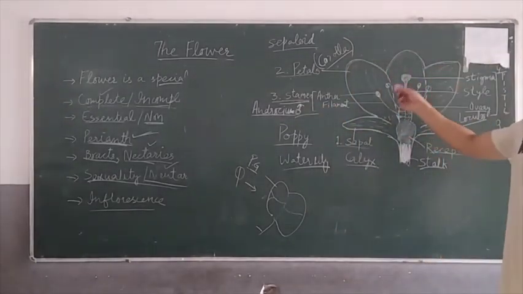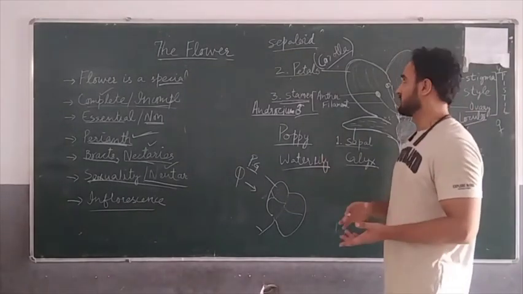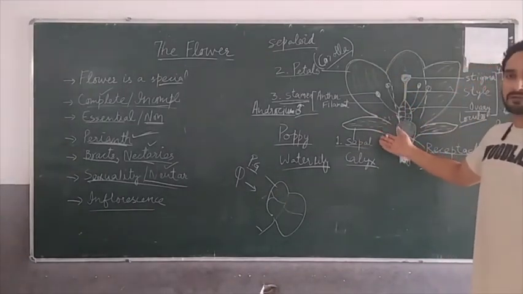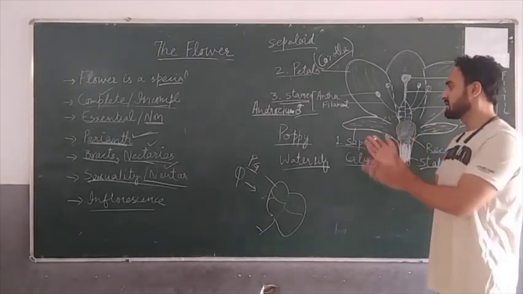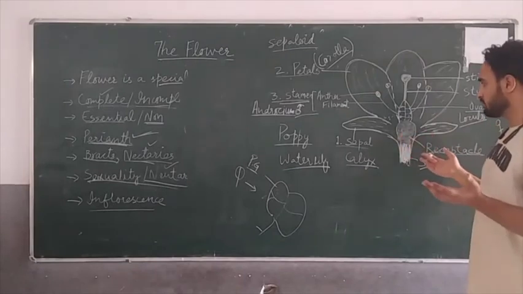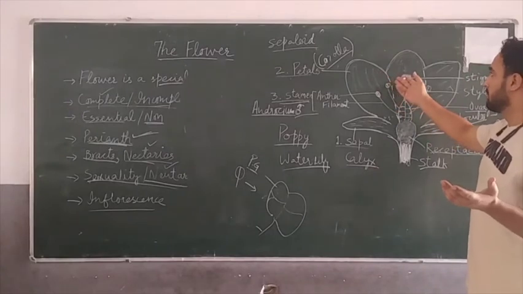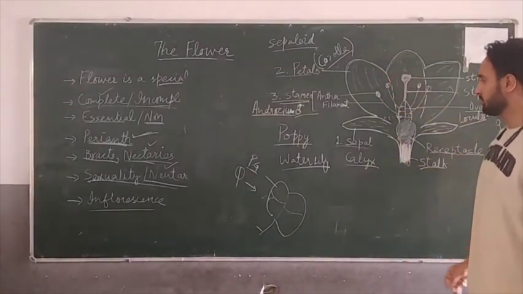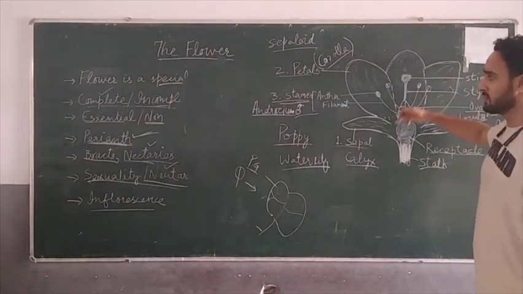Now these stamens or androecium may be free or united, as in the case of sepals and petals. For example, if the sepals are free, they are called polysepals, but if they are fused, they are called gamosepals. If the petals are free, they are called polypetals, but when they are fused, we call them gamopetals.